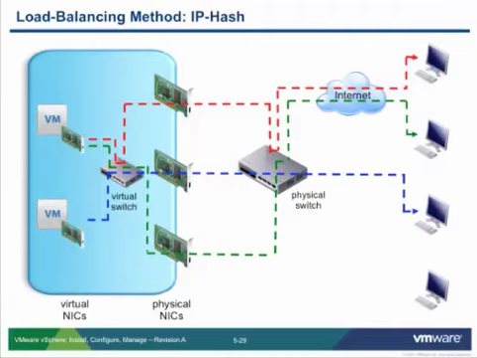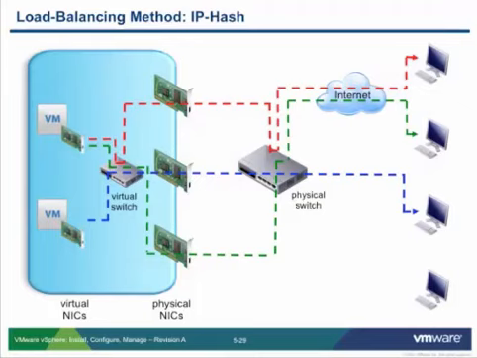So now we have a case where a single virtual machine that has a single virtual network interface card is actually, in this case, able to use the bandwidth from 2 different physical network interface cards.